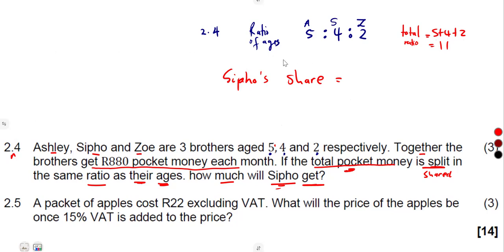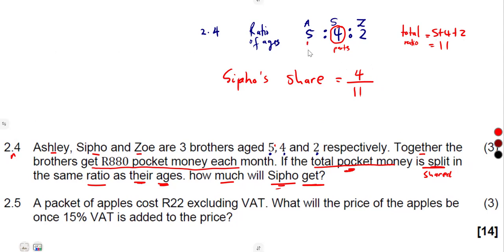According to the ratio, Sipho here has got 4 parts. These are parts out of 11 parts. So that is 4 of the total ratio 11. This is Sipho's share in terms of the ratio, 4 over 11.